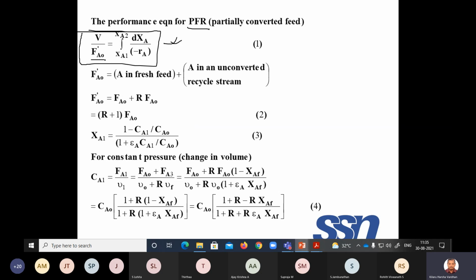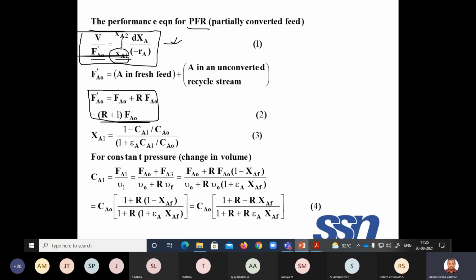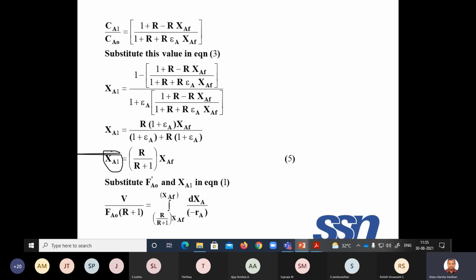In this, one quantity is unmeasurable and XA1 is unmeasurable. So I calculated what is unmeasurable here and XA1 I again calculated here. Now both you substitute in this expression. Unmeasurable quantities I substituted back.